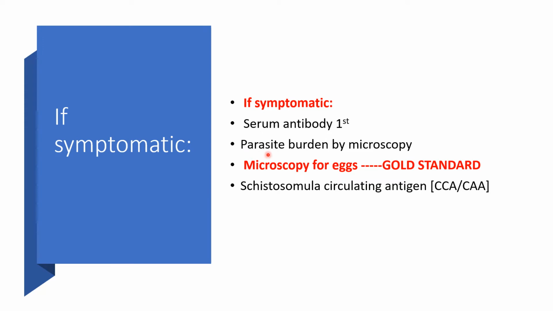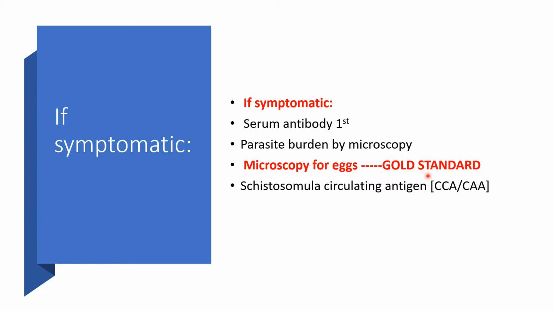Then we can also estimate the parasite burden by microscopy. Microscopy for eggs in stool or urine, depending on whether we are dealing with the rest of species or Schistosoma haematobium, respectively. So the microscopy for eggs is the gold standard. Why that? If you go through the life cycle again, I have published a small sketch distinguishing the different types of eggs that is peculiar to a particular type of schistosomiasis species.